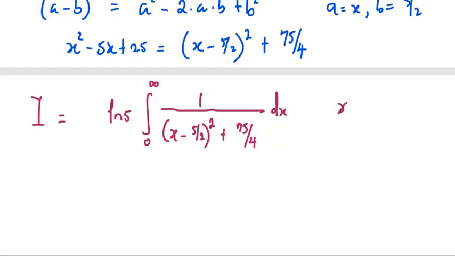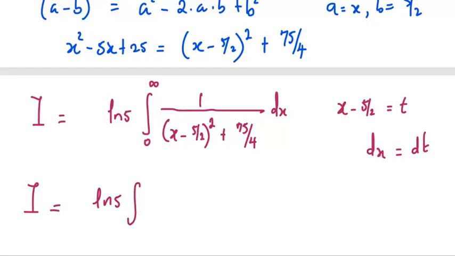We're going to let x minus 5 over 2 equal t. So differentiate both sides, dx is actually equal to dt. Therefore our I in terms of t is going to be the ln of 5 multiplied by the integral. Now if x is approaching 0, t will be approaching 0 minus 5 over 2. Is that 5 over 2?